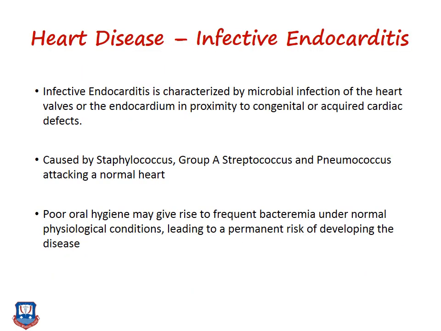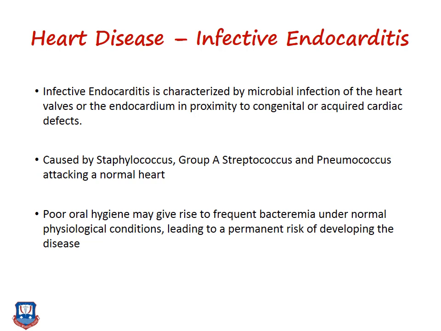Now we move on to heart diseases. In heart diseases, we'll be discussing infective endocarditis. Infective endocarditis is characterized by microbial infection of the heart valves, or the endocardium in proximity to congenital or acquired cardiac defects.